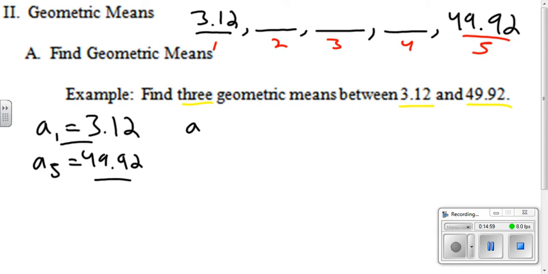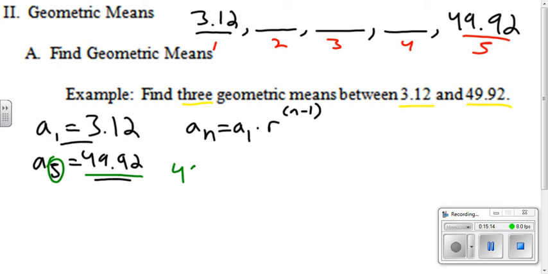We could say a sub n equals a sub 1 times r to the n minus 1. Well, in this case, n is 5, and a sub n, or a sub 5, is 49.92.